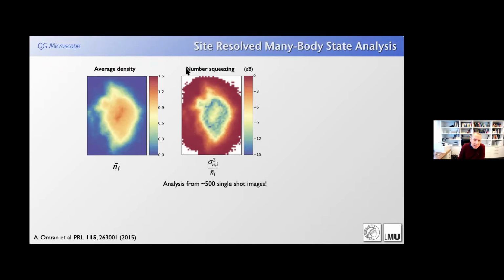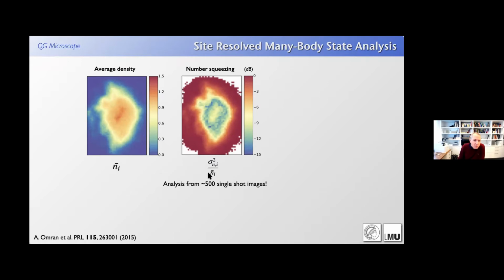that is the so-called number squeezing. So how much number squeezing do you have? Remember, for a Poissonian system, the standard deviation goes like the square root of the mean. So the variance goes like the mean. So for a system which would just be shot noise limited with Poissonian statistics, this number would be 1.